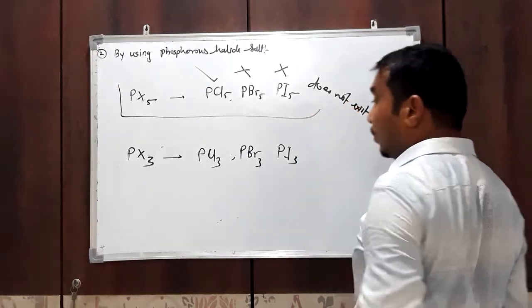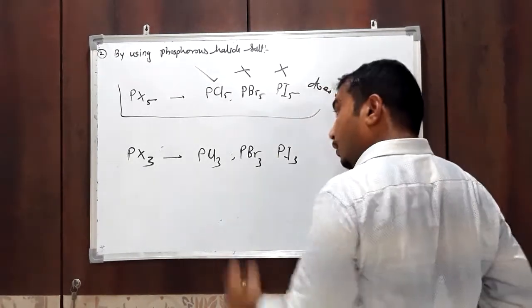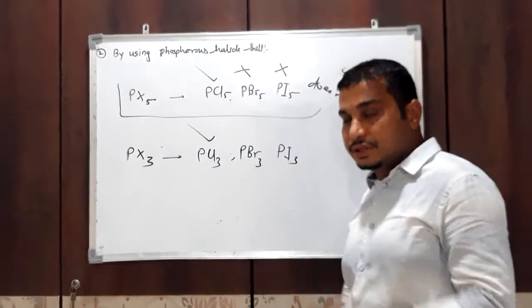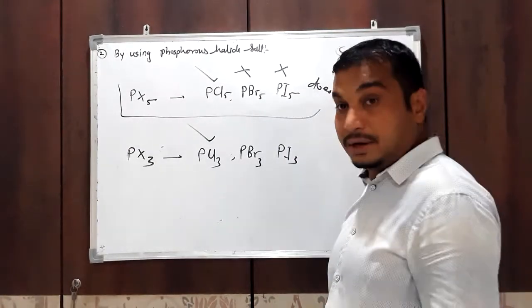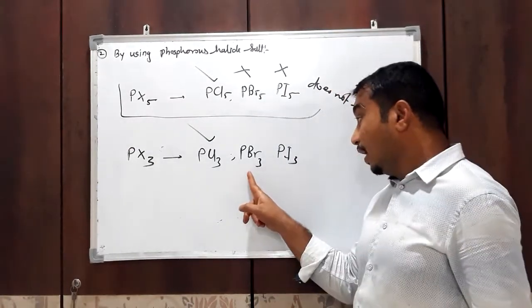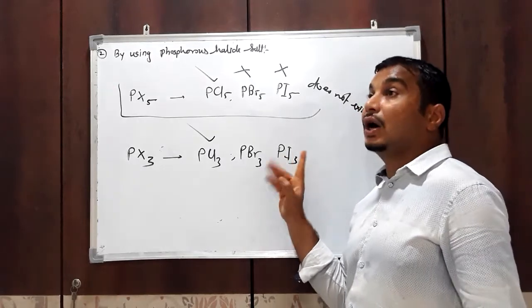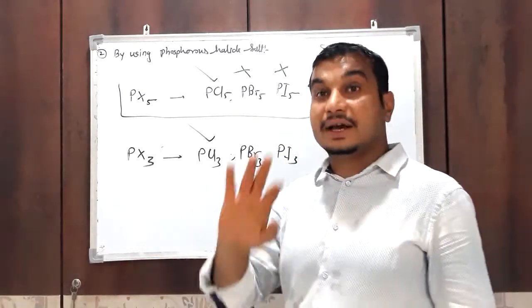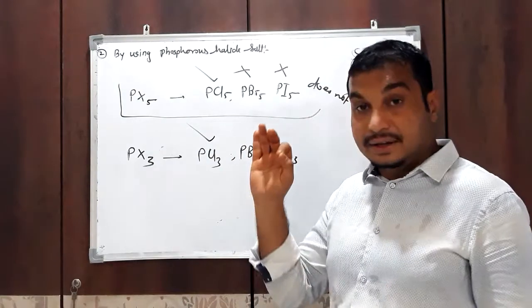Due to stability. Okay, among these, PCl3 is readily available, but PBr3 and PI3 are not readily available. They are highly unstable.